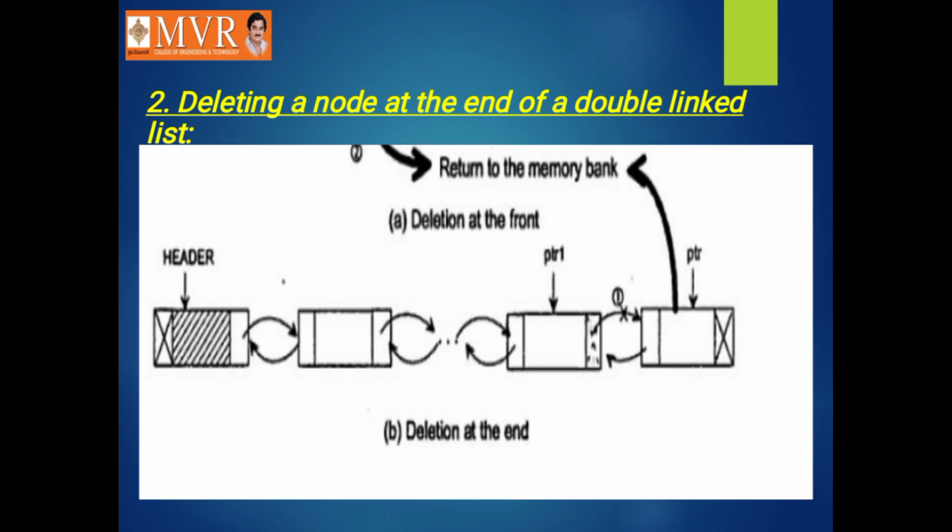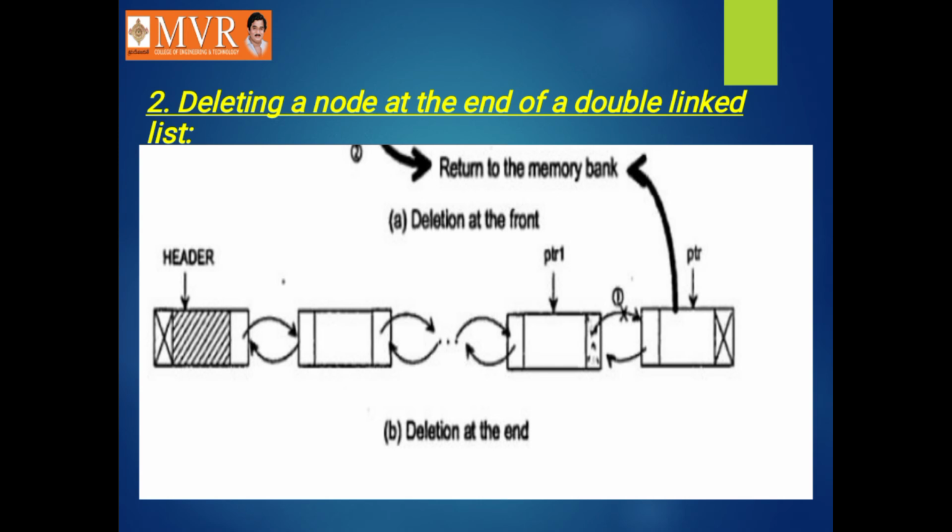For deleting a node from the end of a double linked list, first we have to start from the header node. Then take the right link address and move to the next node. After that, move to the next node. Continue this process until a null is reached. That means the last node will be reached, and then set a pointer to it, and for the previous node set another pointer.